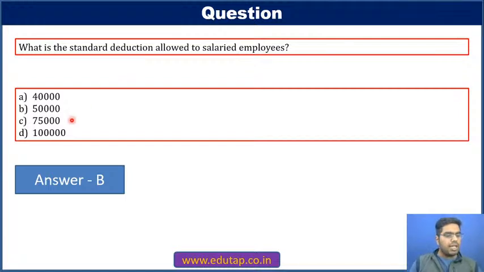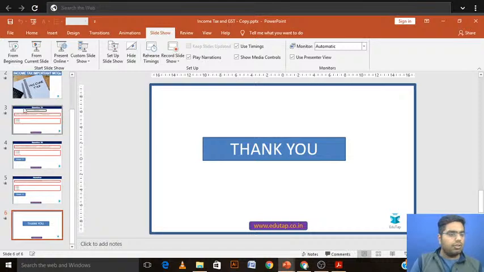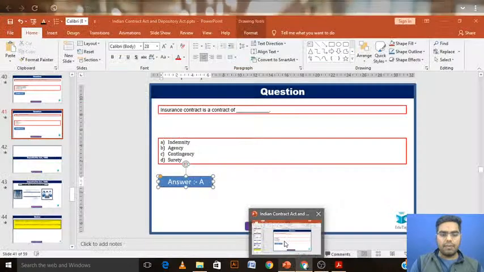This is a standard deduction. Clear, guys? These two questions I would like you to grasp for the examination. Thank you very much. I'm starting with today's lecture. This was just a correction note about yesterday's lecture.